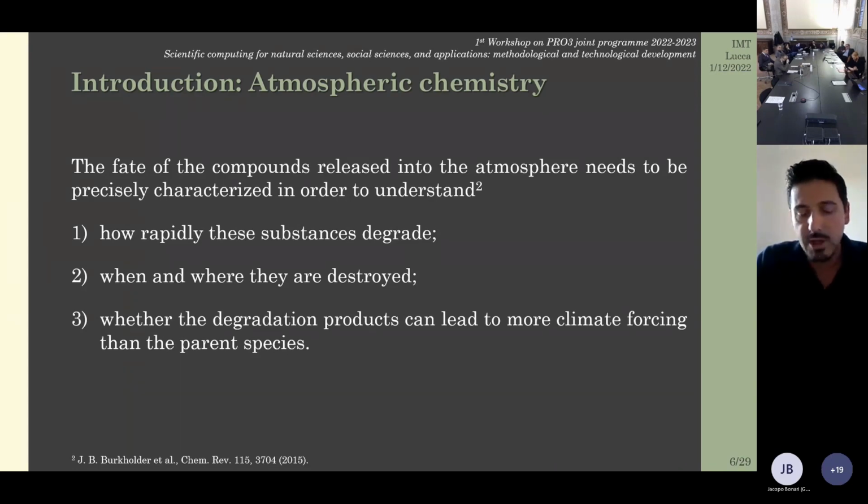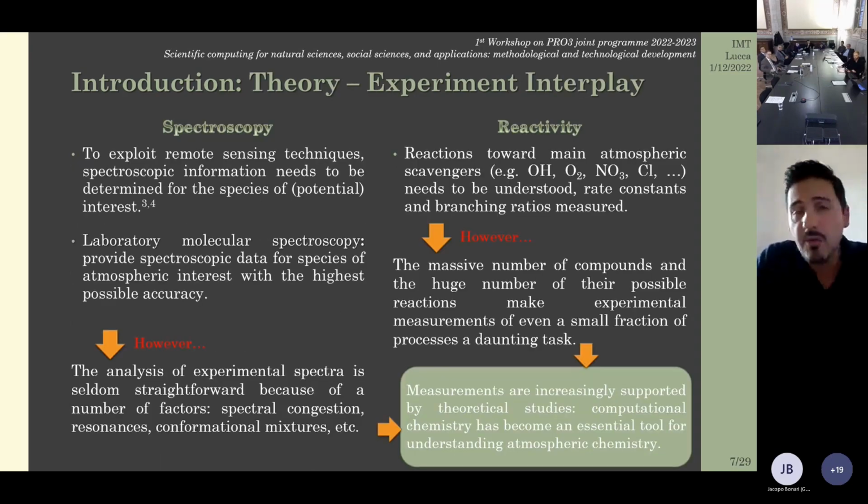This is strictly related to the atmospheric lifetimes. And something that sometimes is overlooked, but it's actually very important, is to understand if the degradation products can lead to worse chemicals than the parent species. Okay, so we have two aspects to consider. One is spectroscopy, the other is reactivity.